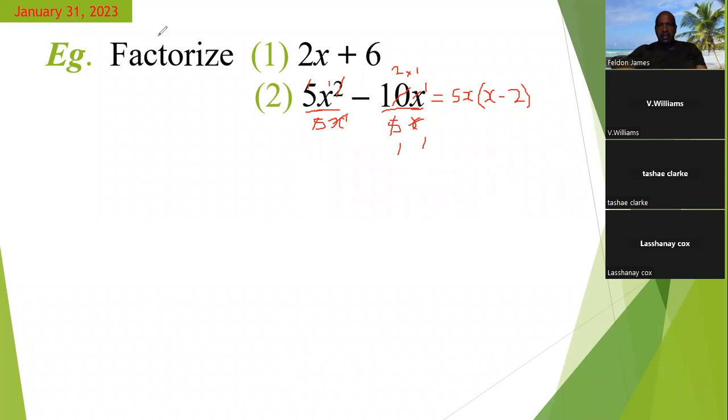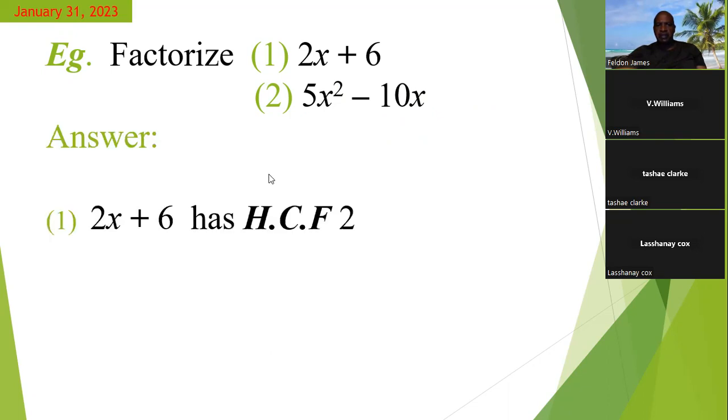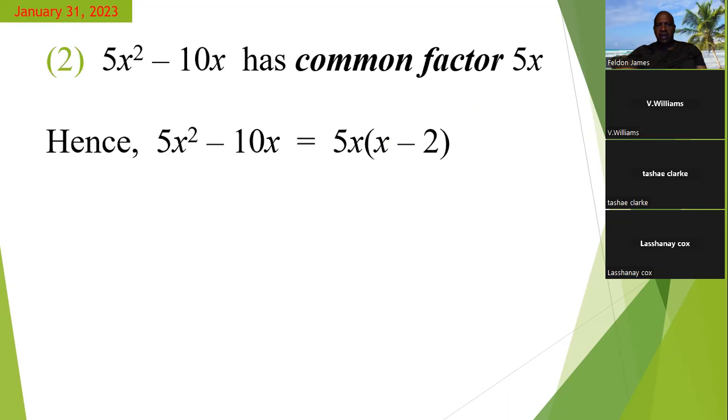All right. Now, as I said, we would have done these from the previous class. And because we are using the HCF method, we are going through some exercises in how to find HCF.